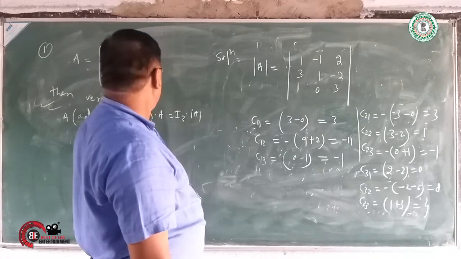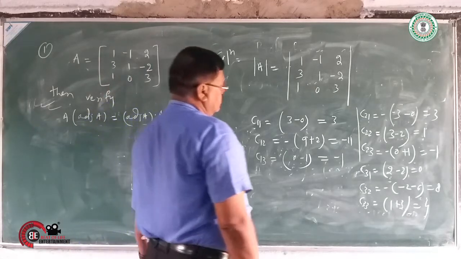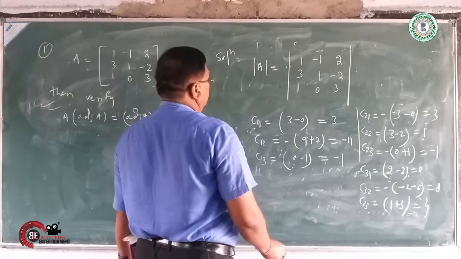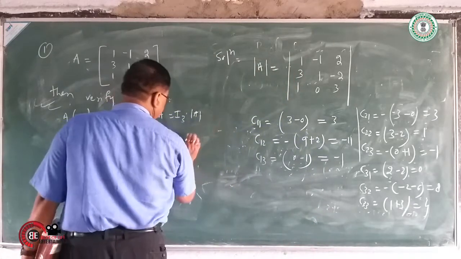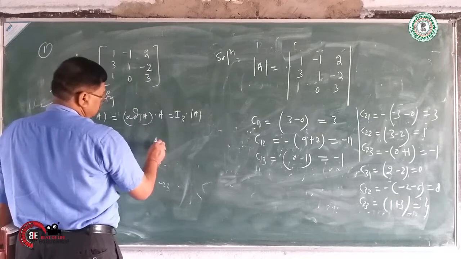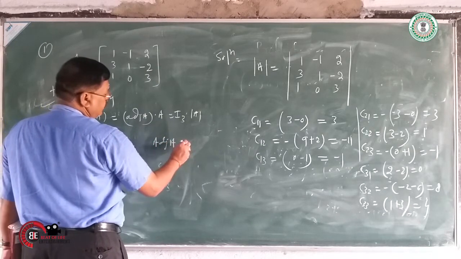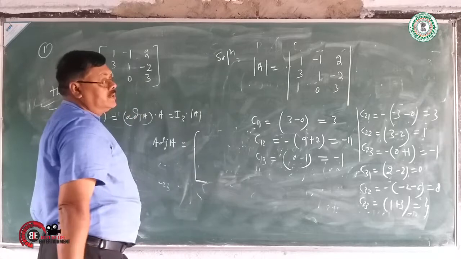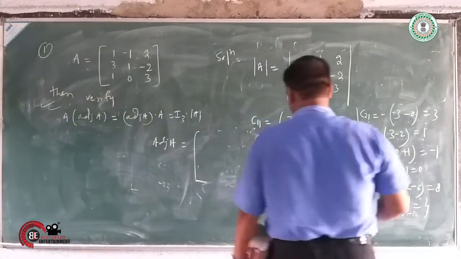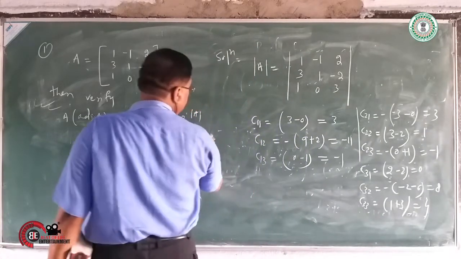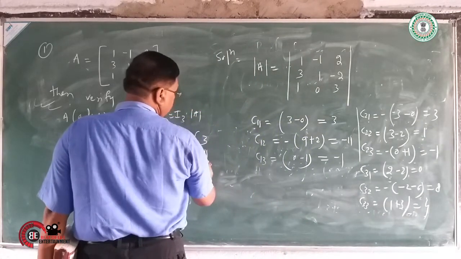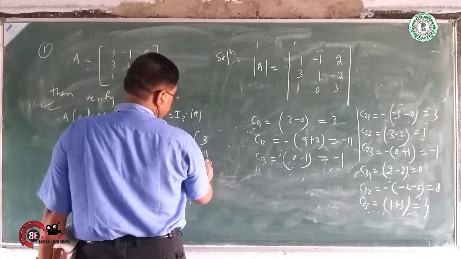Now find the adjoint of A. Adjoint of A: you arrange these column-wise. First column is 3, minus 11, minus 1.